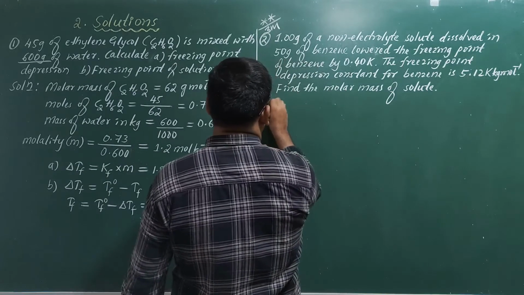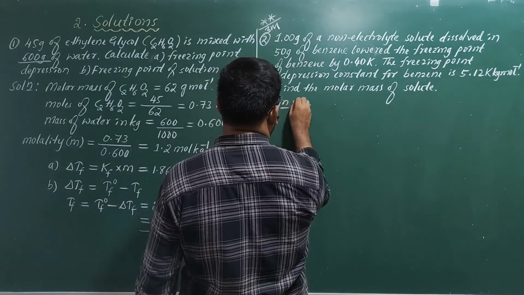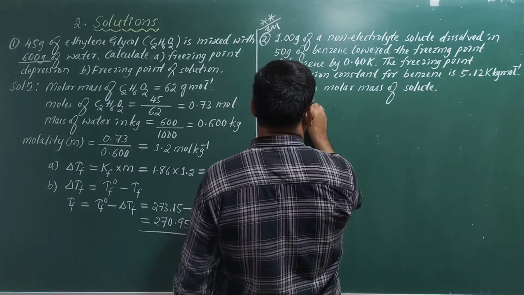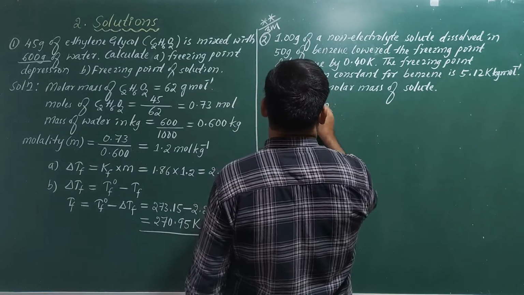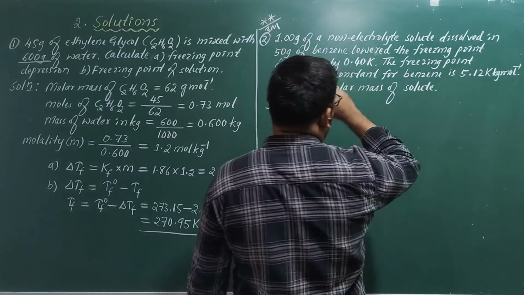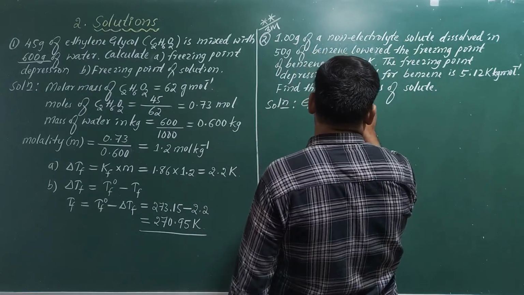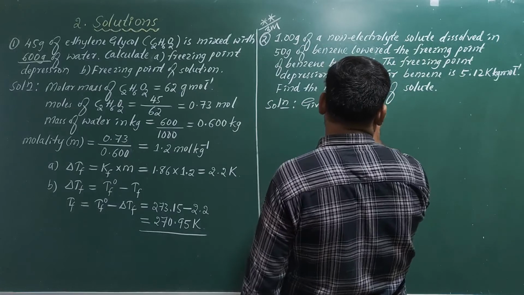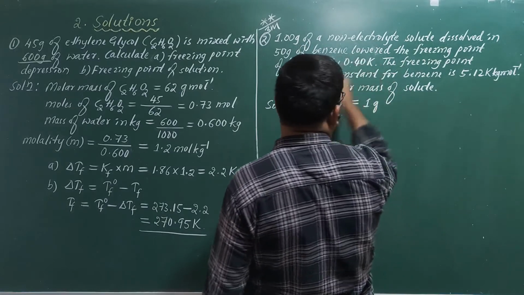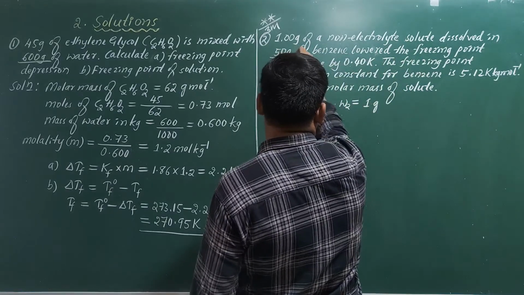Okay. For this solution, first let us write about the given things. So what is given? Okay, 1 gram of non-electrolyte solute. Already solute is mentioned, so that's why it is W2. W2 is 1 gram. It is dissolved in 50 gram of benzene.